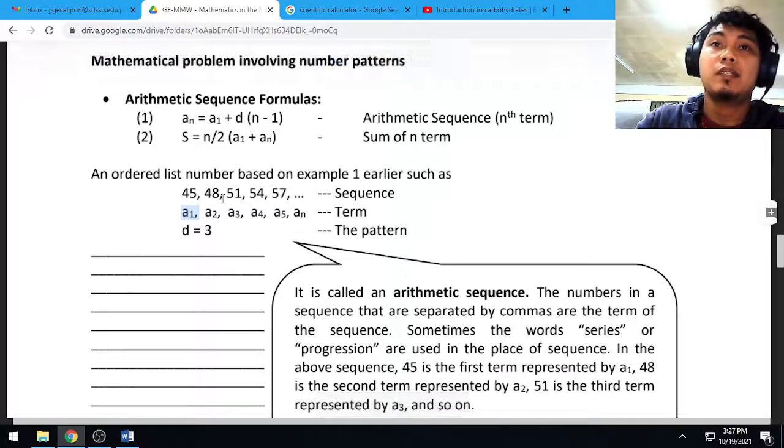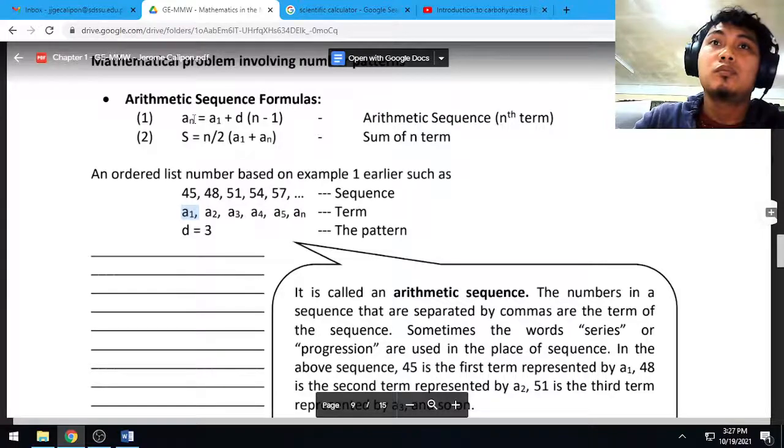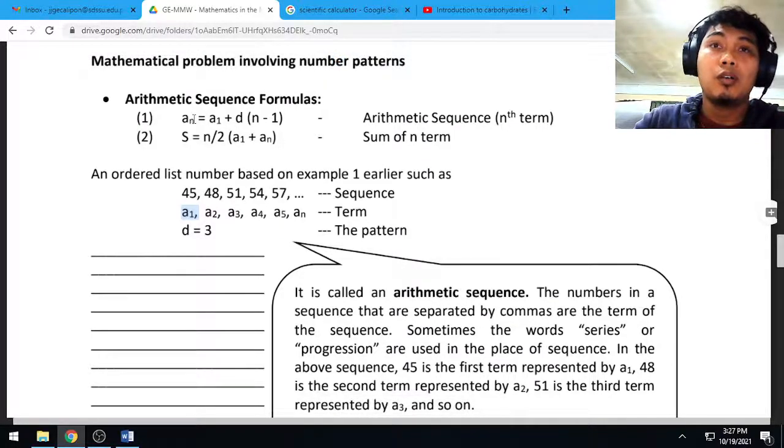Pag sinabing may corresponding subscript na 1, tumutukoy lang yan sa first term. By the way, kung may makikita kayong ibang author ng book na ibang letter yung ginagamit like X, Y, huwag kayong malito, because pareho lang yung principle niya, representative lang siya.